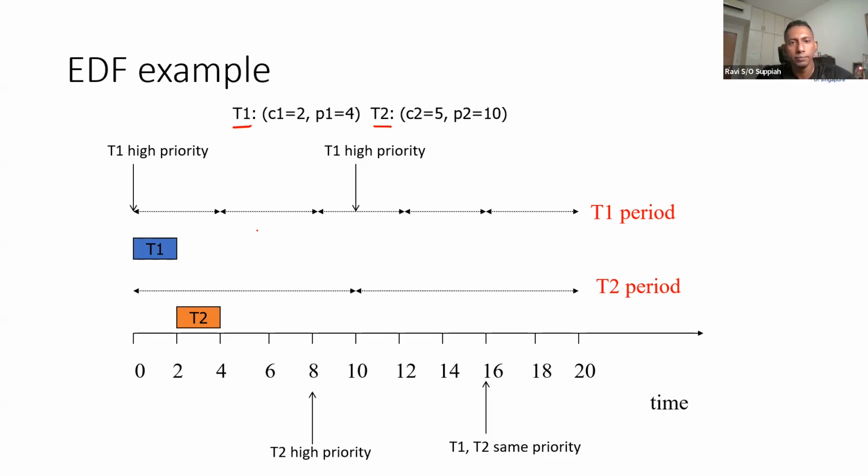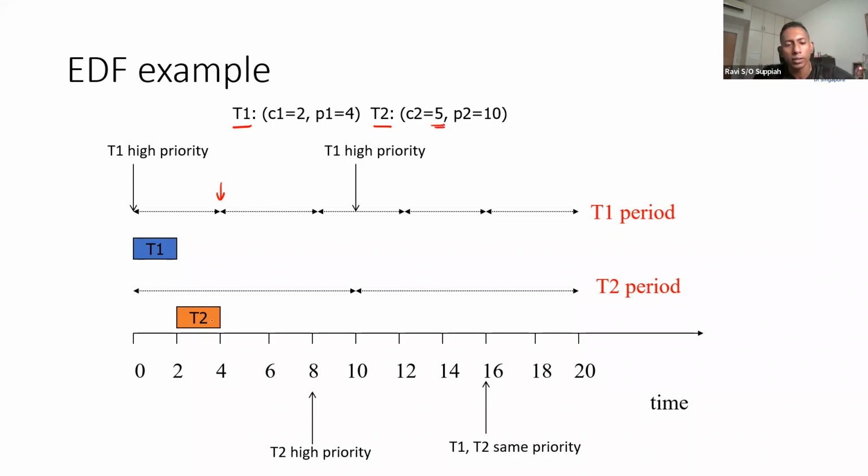So what do you see? At time t equals 4, another instance of T1 is about to launch. When T1 launches, the deadline will be 4 units away, which is time t equals 8. Whereas task 2 hasn't finished, because task 2 requires 5 units of time.